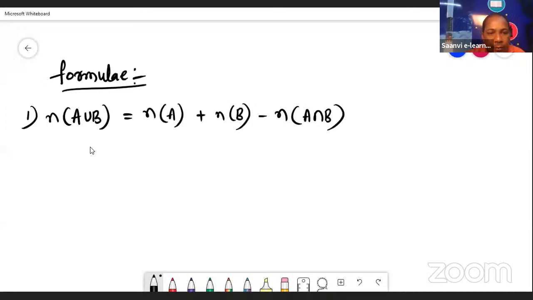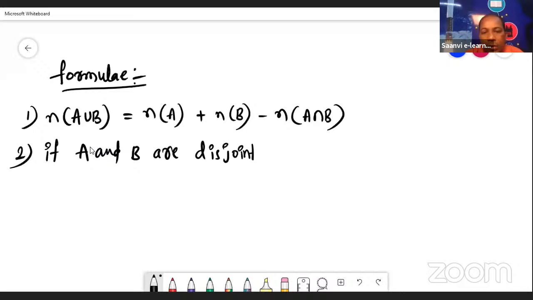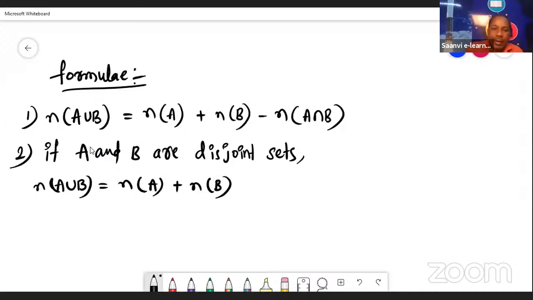Now the second formula is, if A and B are disjoint sets, then n of A union B is equal to n of A plus n of B.